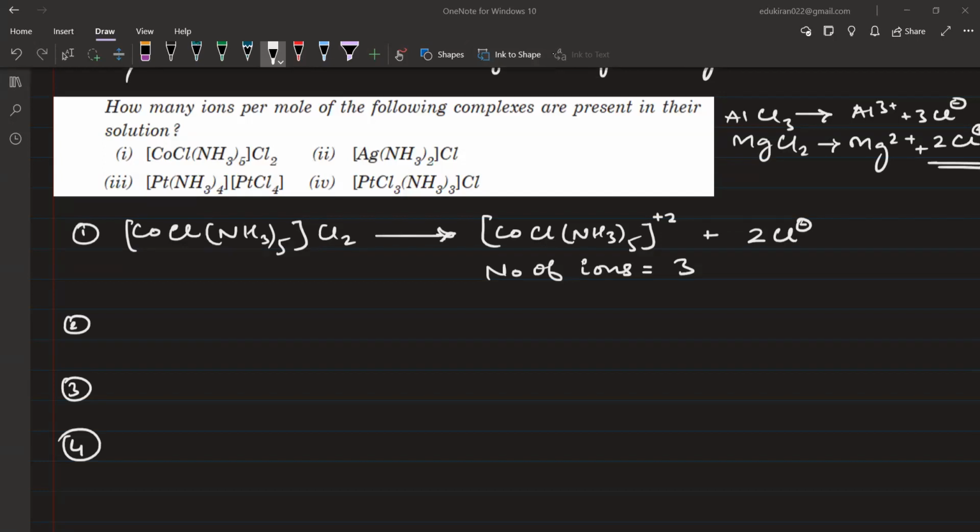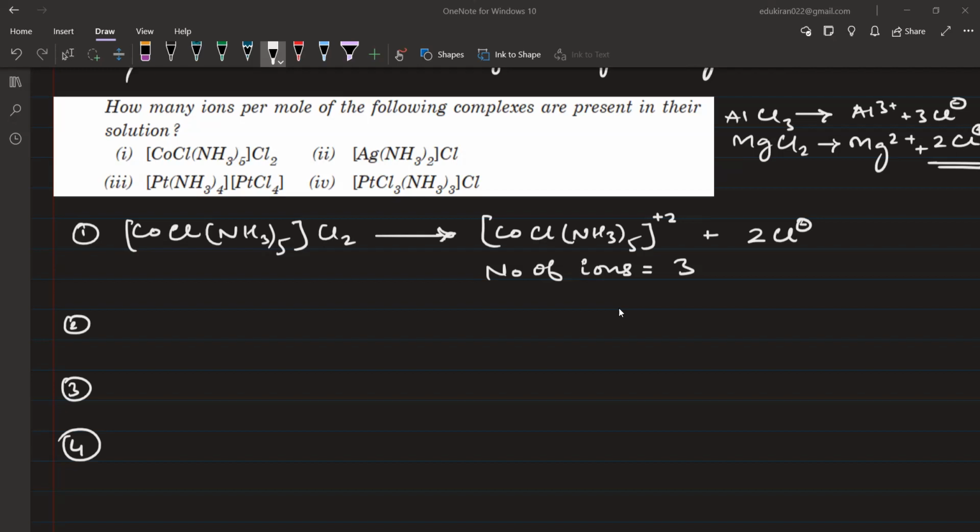Yes, correct for the second one. Correct answer for the second one. Always look at the counter ion. The counter ion tells you that you get one ion from there and one ion from there. One cation, there will be cations and anions.